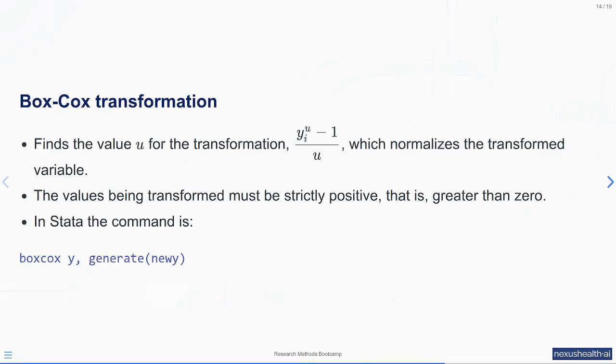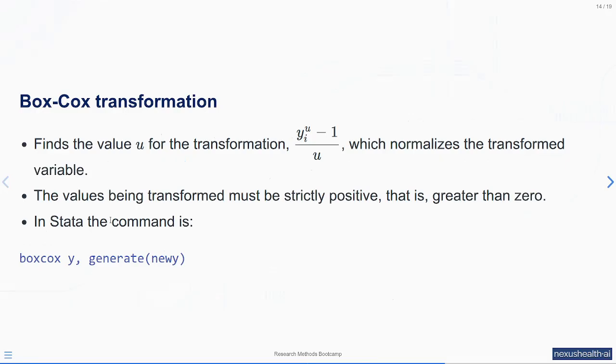The second approach is to use the Box-Cox transformation, and in this case you find the value for the transformation shown here. The values being transformed must strictly be positive, that is greater than 0. And so what is found is the value u, which put into this formula normalizes the transformed variable.